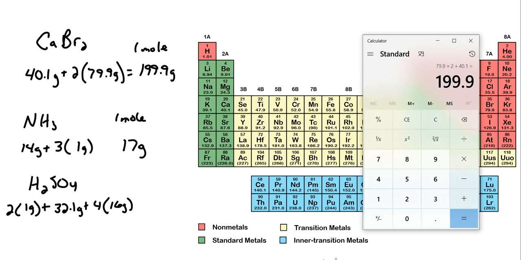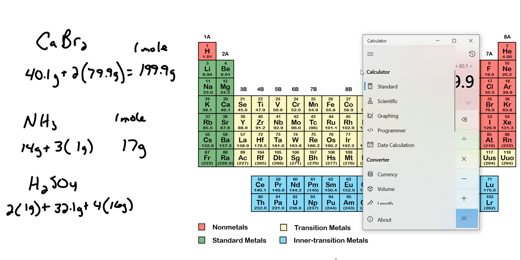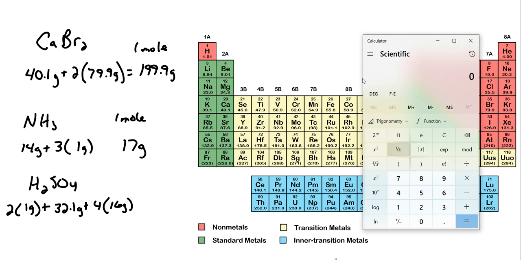Let's see if my calculator can handle this. Let's go to scientific calculator, then I can put in my parentheses. Okay, so we got 2 hydrogens, 2 times 1 is 2, plus 1 sulfur, 32.1, plus 4 times 16.